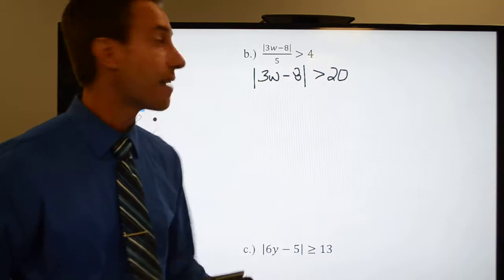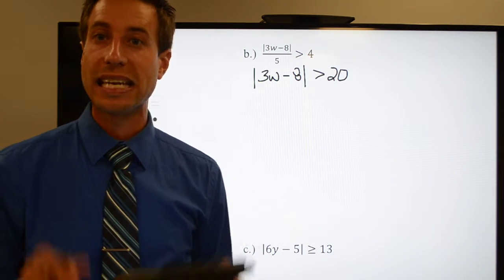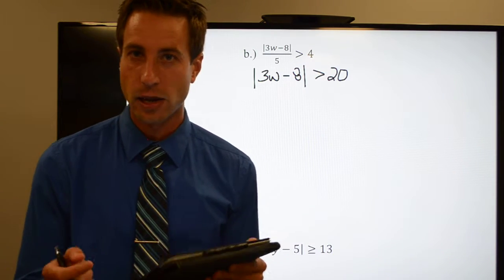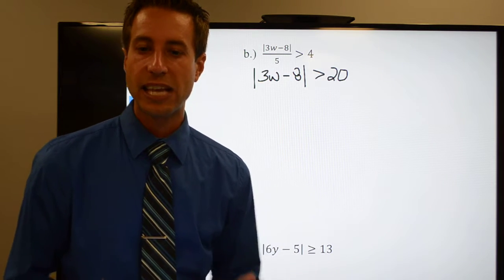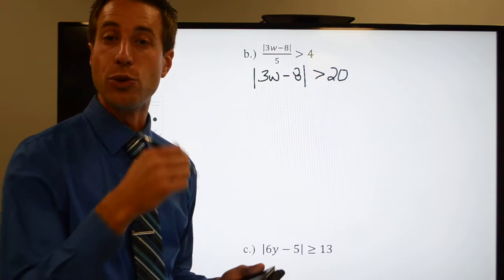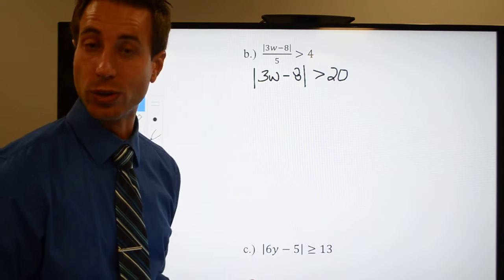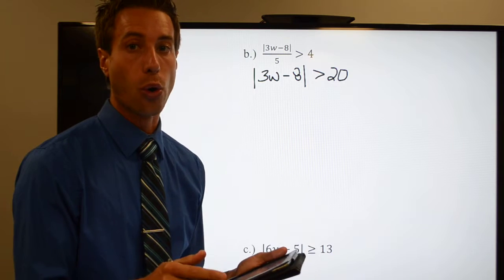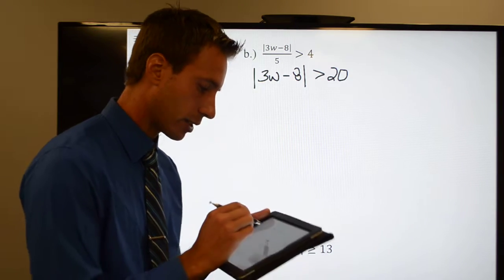All right, now that I have the absolute value all by itself and I see that it is an inequality, now I have to decide, is it "and" or is it "or"? Well, if you remember the chart on the previous page, we said anytime that you have the absolute value greater than or equal to, it is going to be an "or" compound inequality, and here's how we're going to write it.